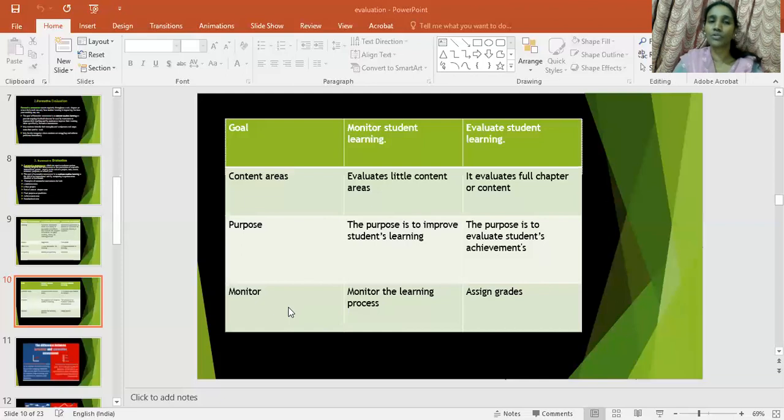In formative evaluation we monitor the learning process, whether the students are learning or not. In summative evaluation we assign grades to the students on the basis of their result, their papers.